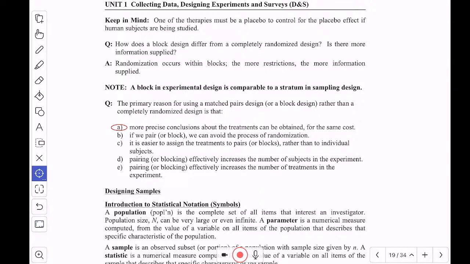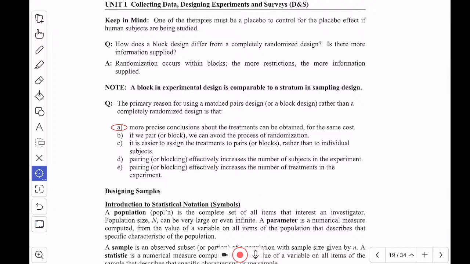And then the more restrictions there are, the more information will be supplied. We're teasing apart characteristics that can confound our findings, and we group people more similar in their response to a treatment than if you were allowing the 2 genders to be randomized to treatments.